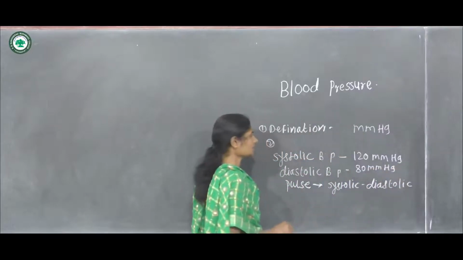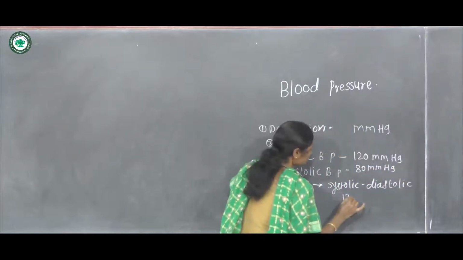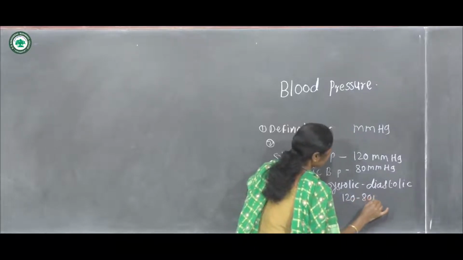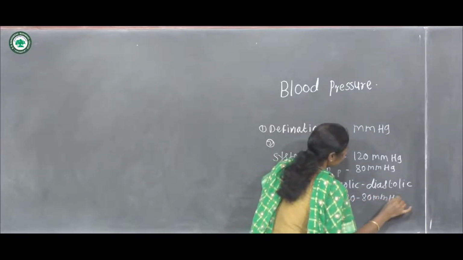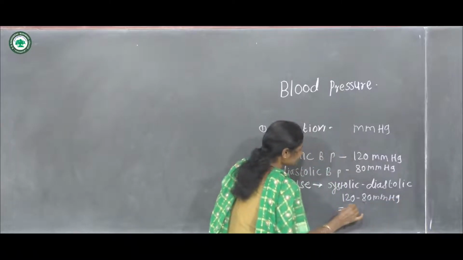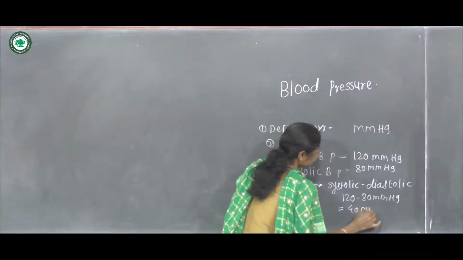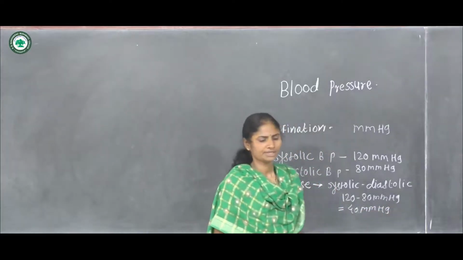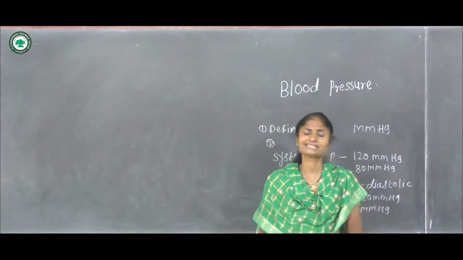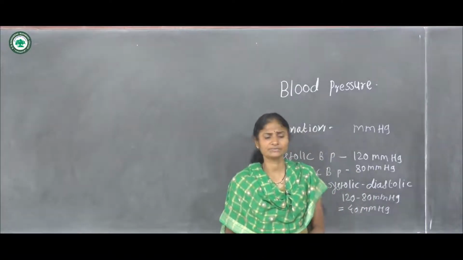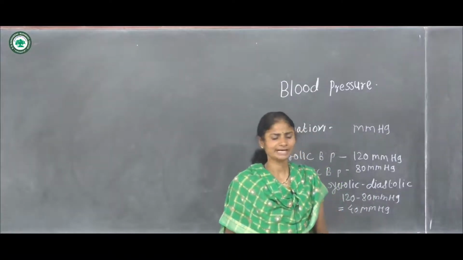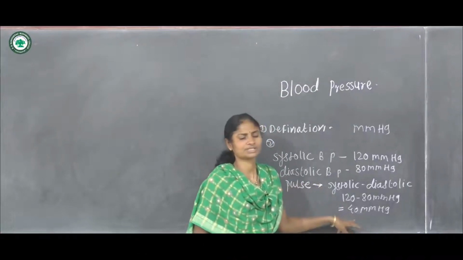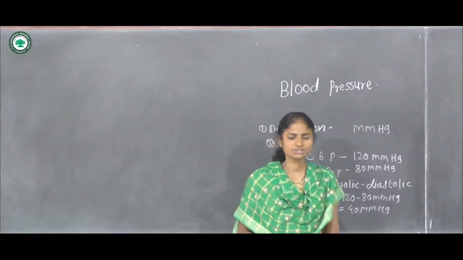The pulse pressure is the difference between systolic and diastolic pressure, and normally this pulse pressure is 40 mmHg.